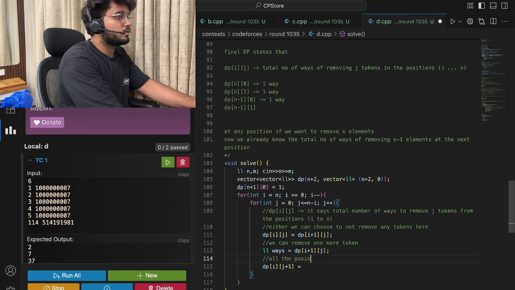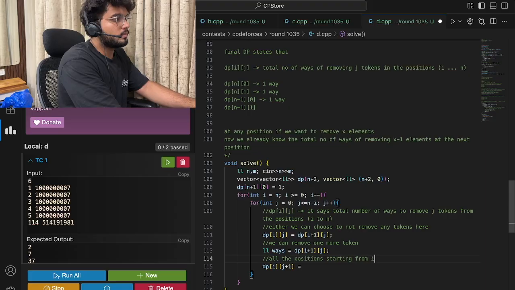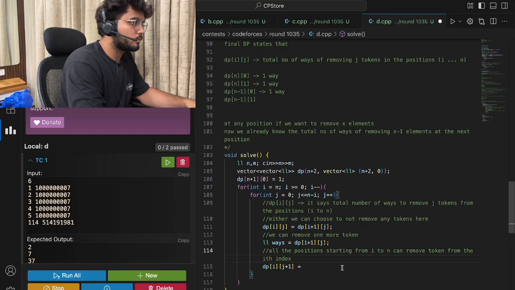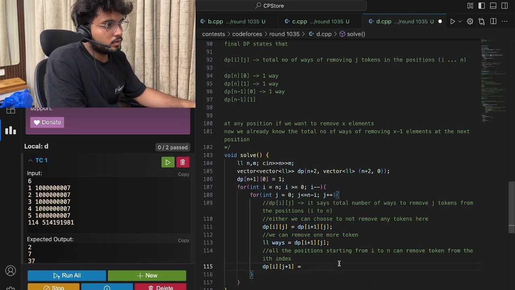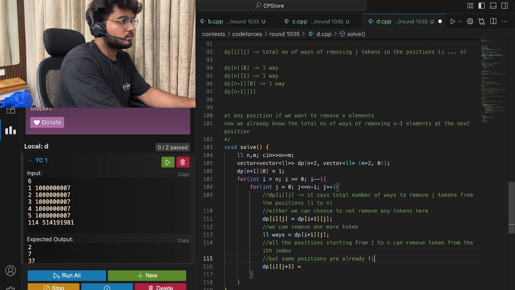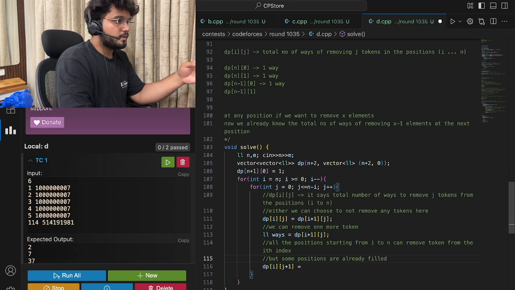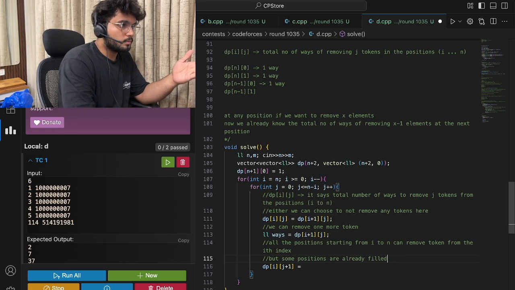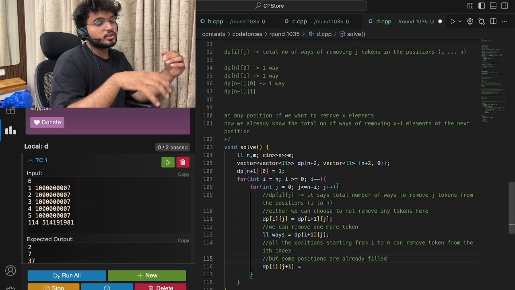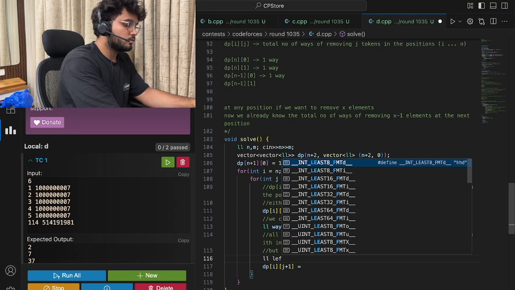All the positions starting from i to n can remove token from the ith index. But some positions are already filled. Why? Because we have already removed j tokens, right? So those j tokens were removed by some of the previous positions, right? So we need to see how many positions are left.